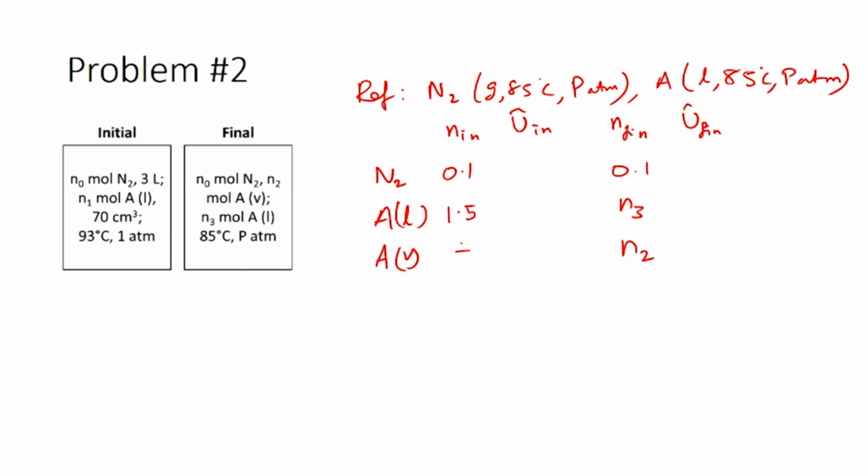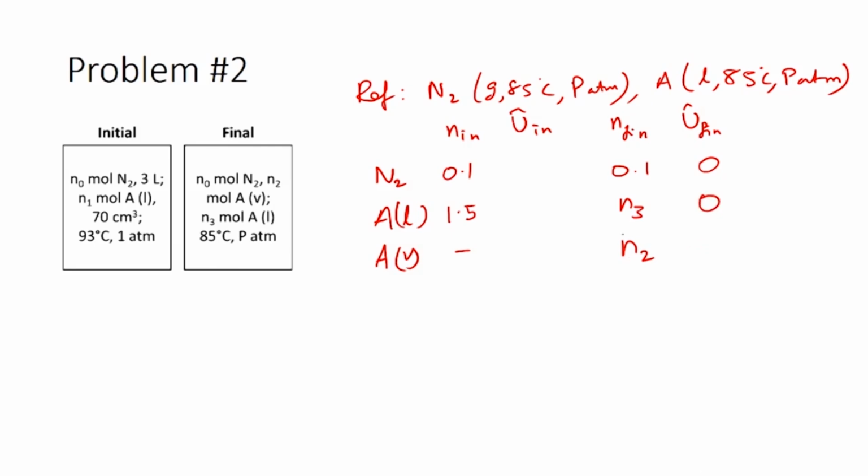Now that we have this, we have to identify which specific internal energies have to be calculated. So, for the final condition, which is gas at 85 degrees Celsius and pressure of P atmospheres, the nitrogen would have 0 internal energy as compared to the reference state. Similarly, A, which is liquid at 85 degrees Celsius and P atmospheres, would also have 0 specific internal energy change from the reference state.